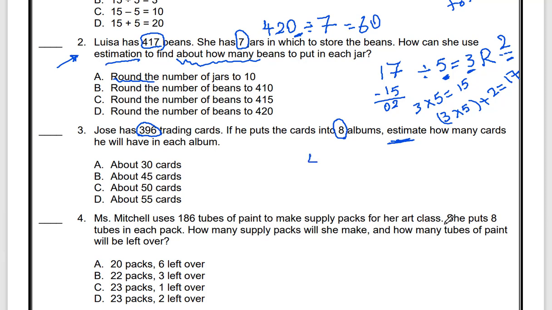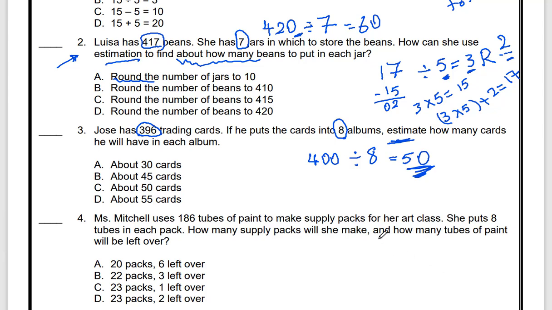So I will use 40, and I have another digit, so it's 400 divided by 8. And it's easy for you to find the answer. 40 divided by 8 is 5, and we have 1 zero, so 50. It's about 50, not exactly 50. So the answer is not 50. This is an estimation, so it's near to the correct answer.